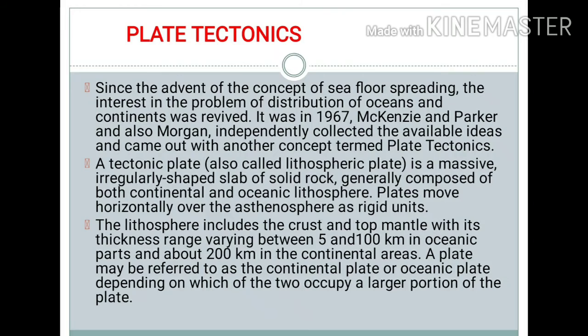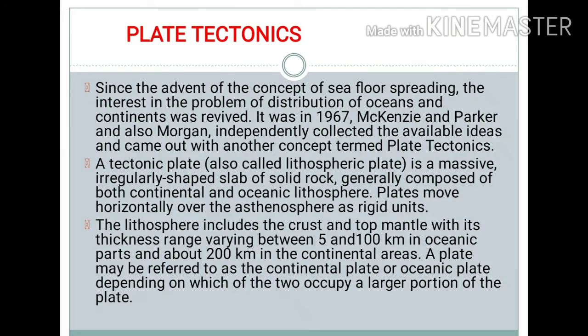The lithosphere includes the crust and the top mantle or upper mantle, with its thickness ranging between 5 to 100 kilometers in oceanic parts and about 200 kilometers in continental areas. A plate may be referred to as the continental plate or oceanic plate depending on which of these two occupies a larger part of the plate.